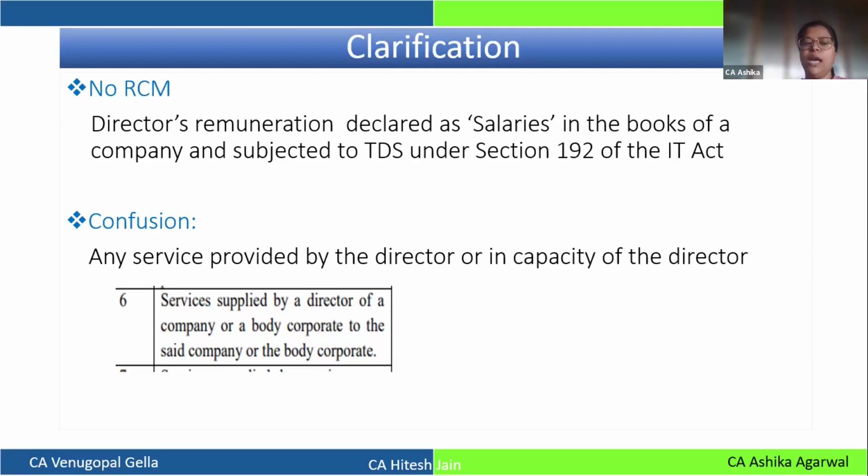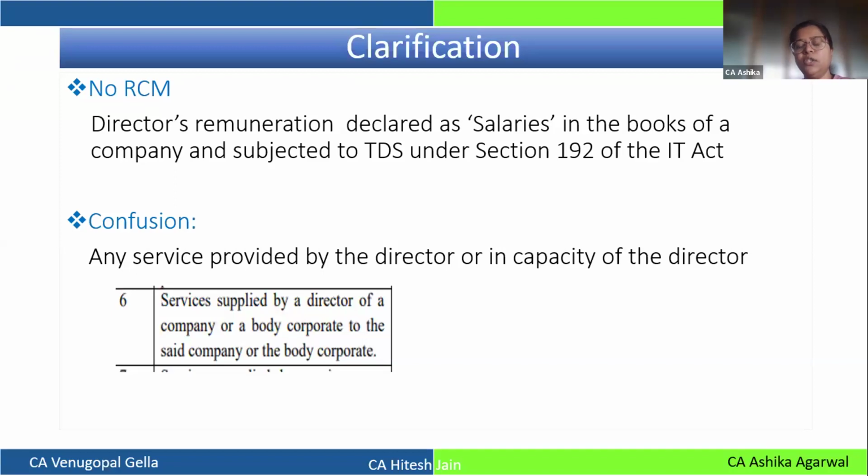Another thing which I want to highlight is how the wording is used in the notification. Service supplied by a director of a company or a body corporate. So the way it is worded, it seems that any service which is provided by a director.